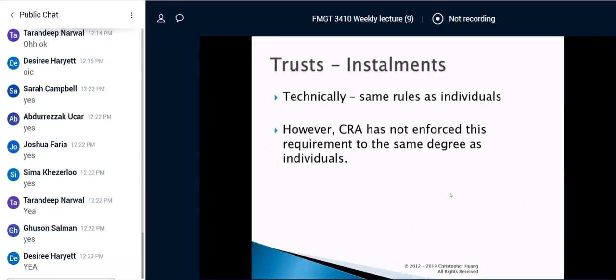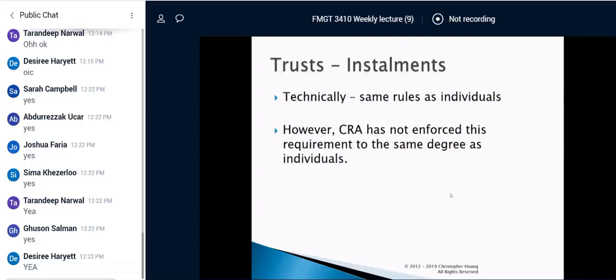Trusts are kind of funny because technically they have the same installment rules as individuals, but CRA doesn't really enforce it. So they don't really force trusts to do the same thing as individuals. The reason is that in many cases, people don't keep income in trusts.